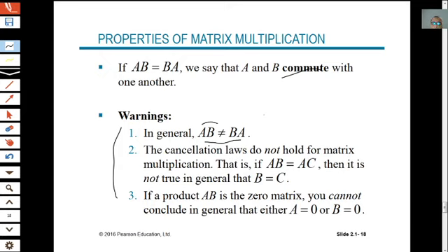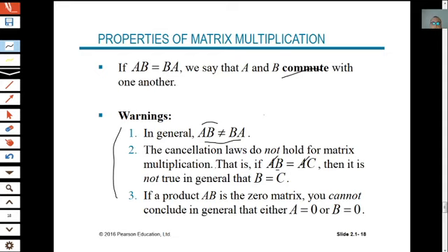And the cancellation laws do not hold for matrix multiplication. In other words, if you have this equality, then it is not true in general that B is equal to C, or that we can cancel the matrix A. We can't simplify A like this when we talk about matrix multiplication, because we can have different matrices for B and C, but the multiplications can be equal to each other.